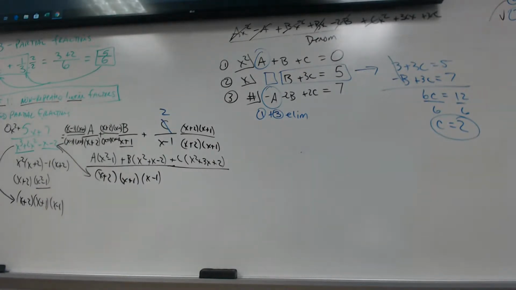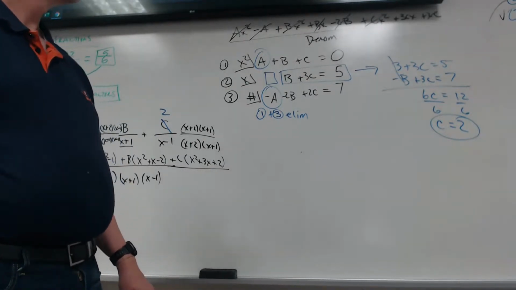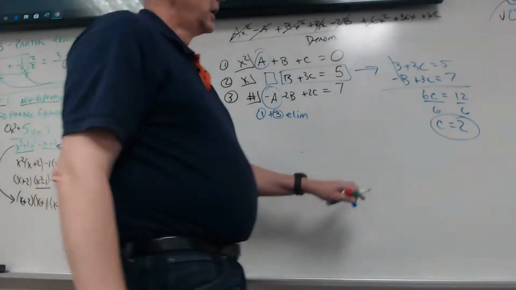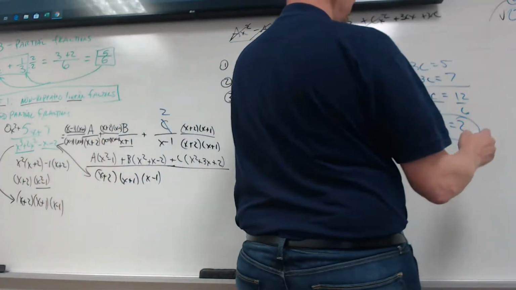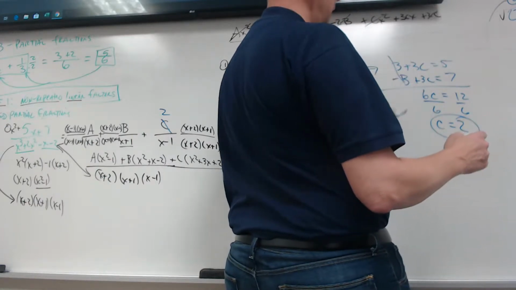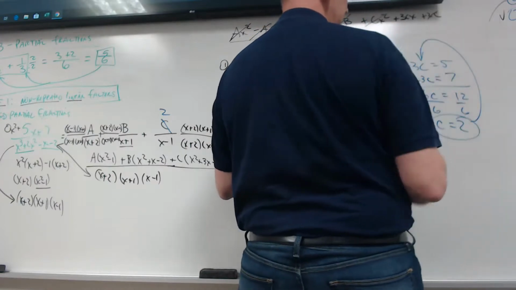Now how do I find out b and a? You can put it in, so you can do b plus 3 times 2. Do you want to use the top one or the bottom one? Probably the top one. We're going to plug in c equals 2 there.